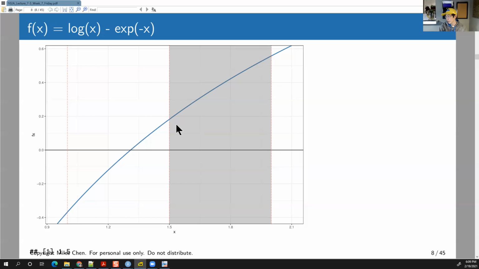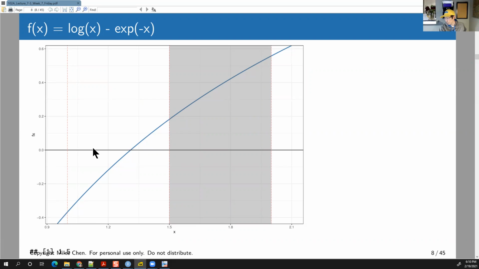The midpoint of 1 and 2 is 1.5, and if we evaluate f at 1.5, we get a positive value. And so that means the root has to lie in between the left and the midpoint, because the midpoint and the right-hand side are both positive, so we know there's no root there. We know that there has to be a root on this side.